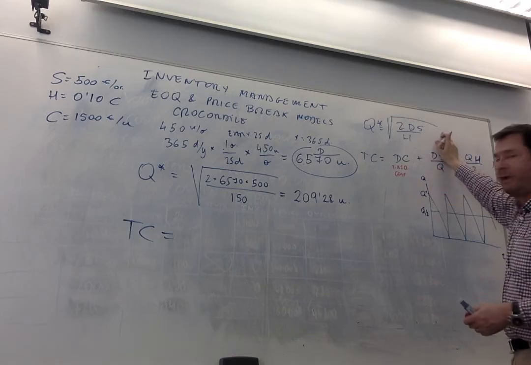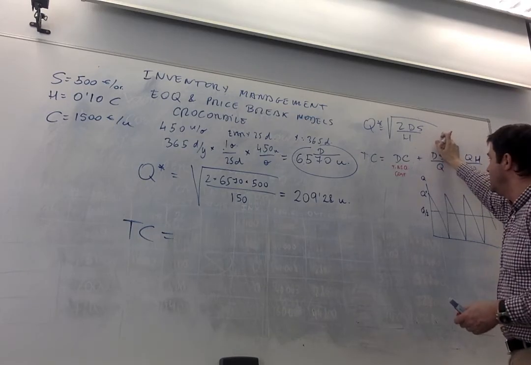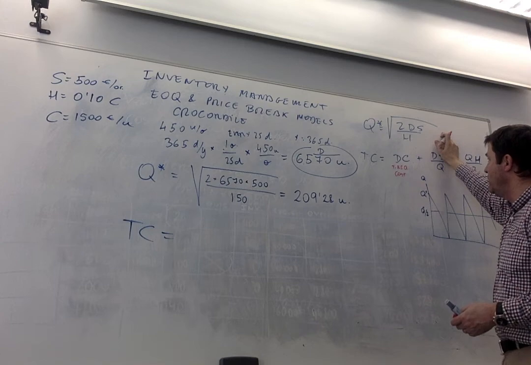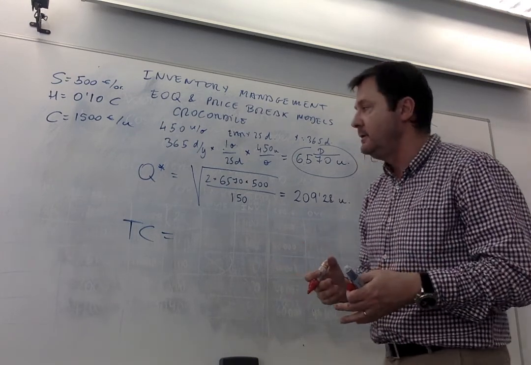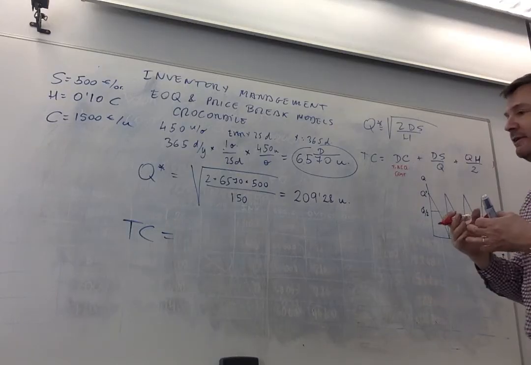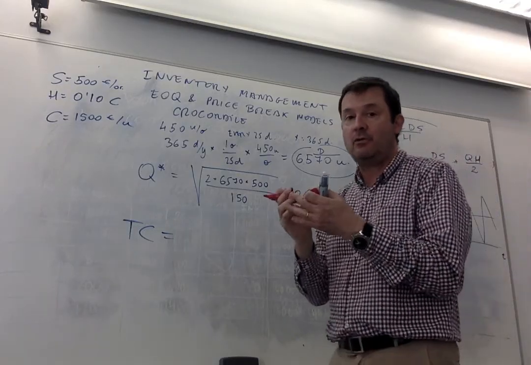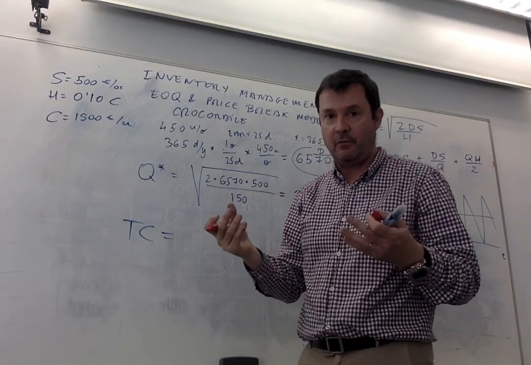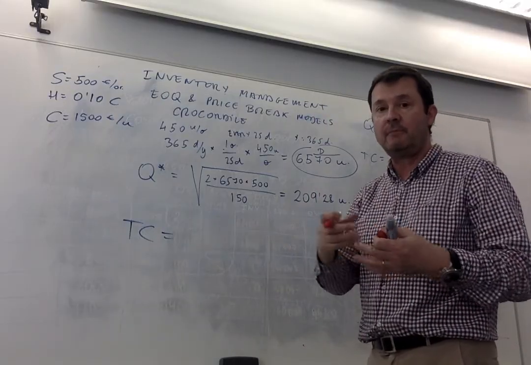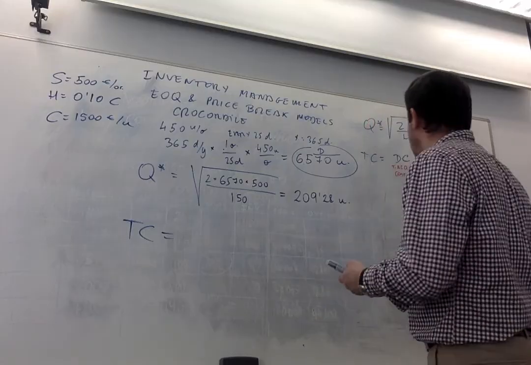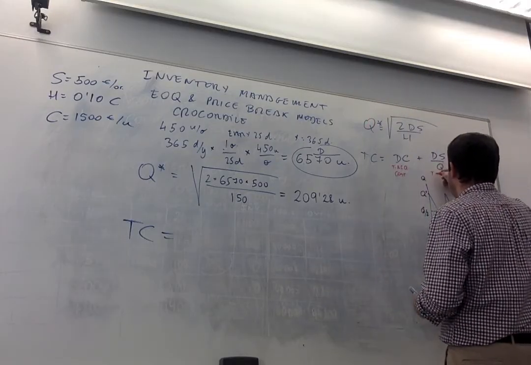If we forget for a moment about S, D divided by Q is the number of orders that we will release in a year. If we divide the demand by the size of each one of the orders, we get the number of orders, right? And then we multiply this number of orders by S, that is the cost of order. And that way you get the total ordering cost.